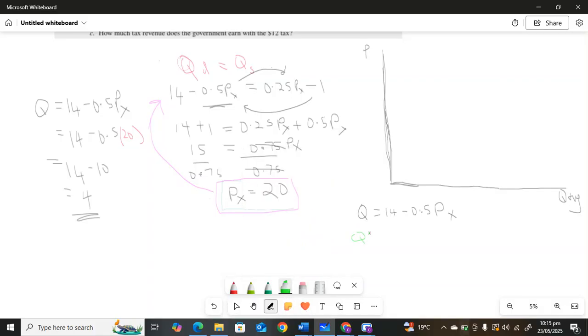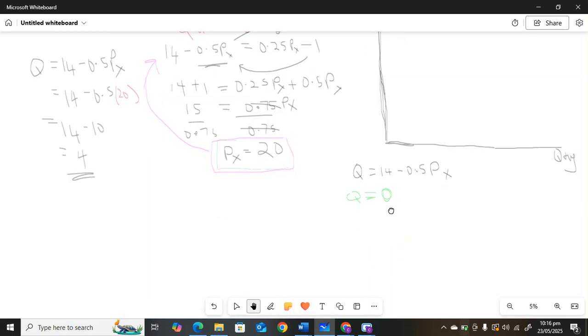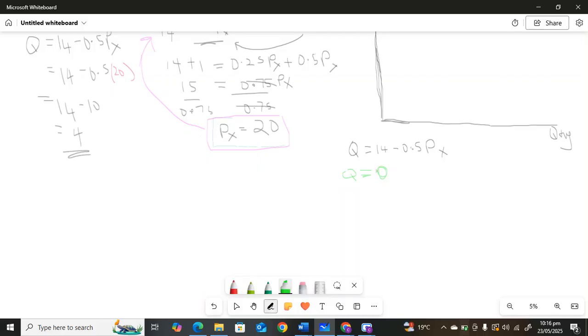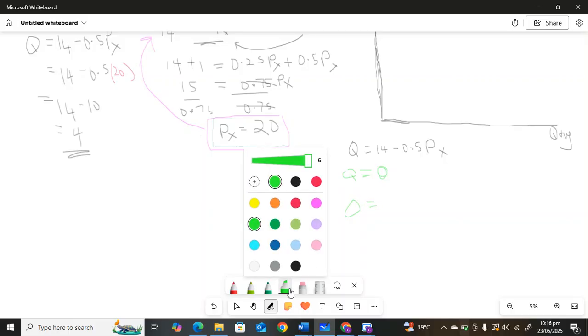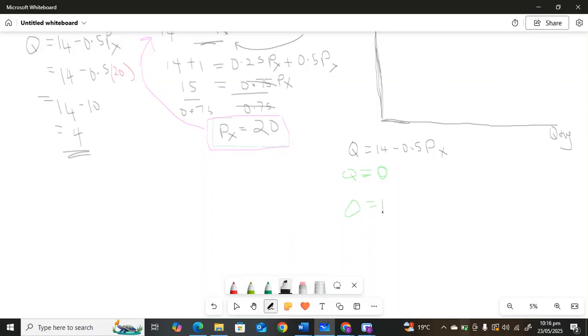Since you want the intercepts, you can start by saying, okay, if Q equals 0, what will be Px? So when we make Q 0, our equation becomes 0 equals 14 minus 0.5 Px.